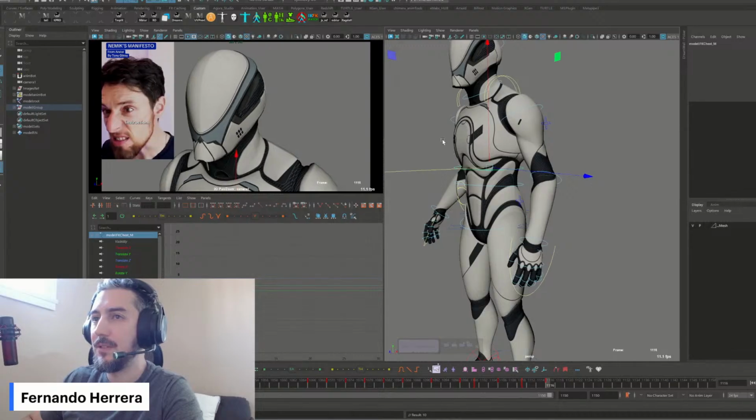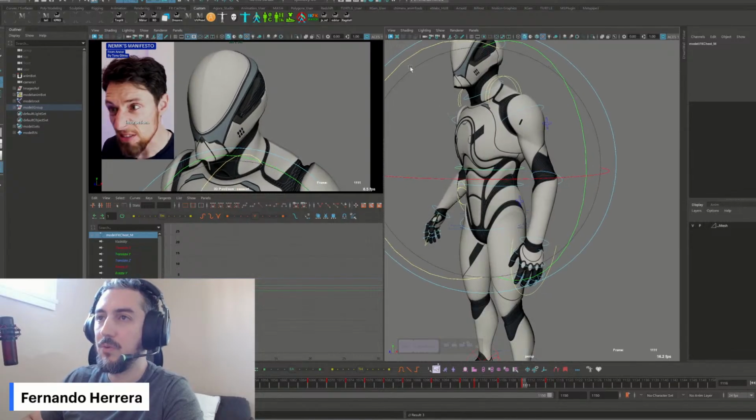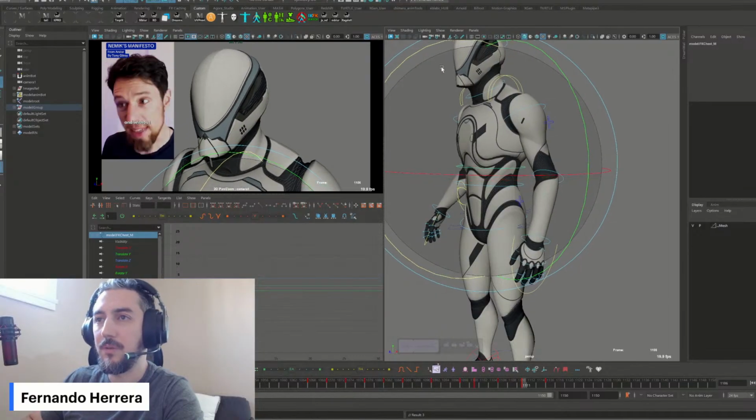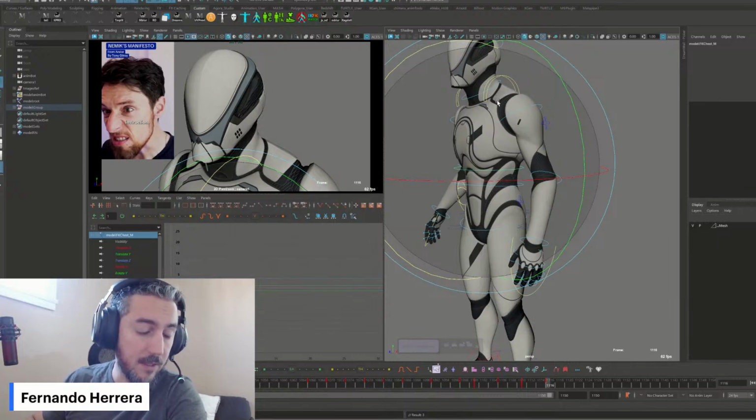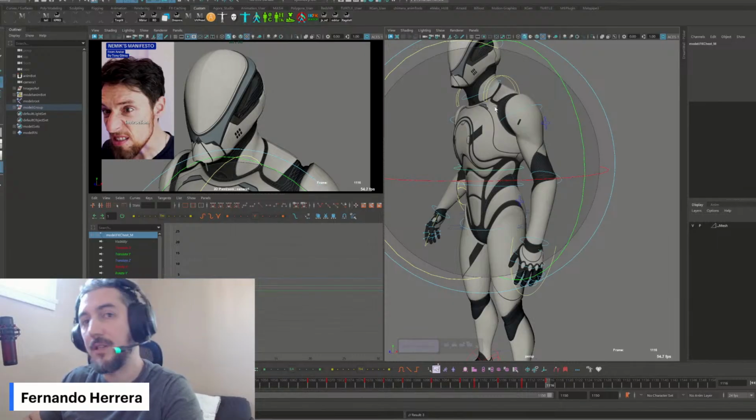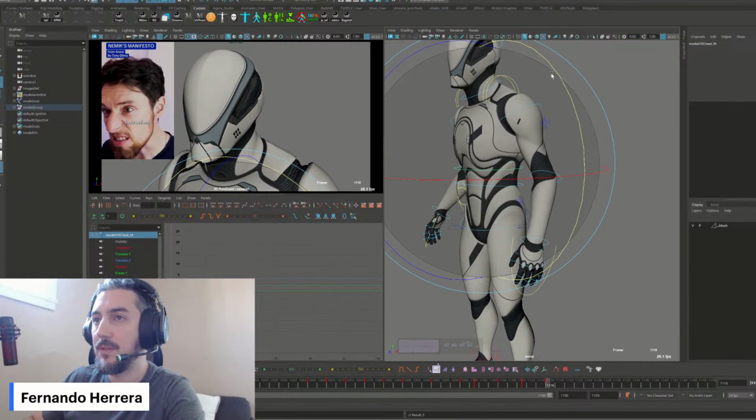This process is important whenever you have to match your reference, depending on the style. Let's say, for example, you're animating a dance. It makes a lot of sense to go through this process of breaking down all the little movements of your dancer reference.